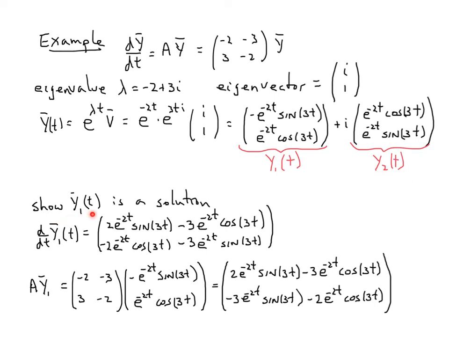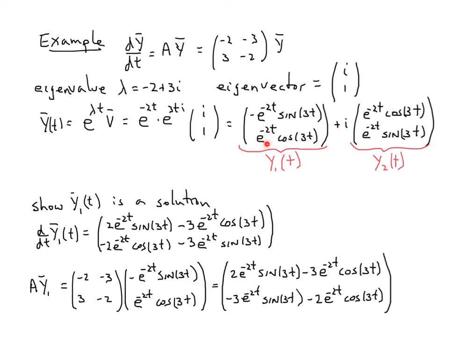So here I'm showing y1 of t to be a solution. I take its derivative. It is a product rule. And so the derivative of the first, I bring down a minus 2, so I have 2 e to the minus 2t sine 3t. Then I'm differentiating this part. I bring the 3 in front. This sine turns into a cosine, and I have minus 3 e to the minus 2t cosine 3t. This is also a product rule.